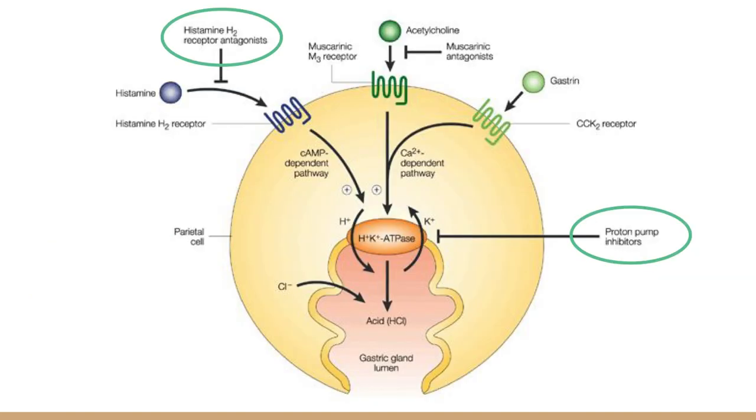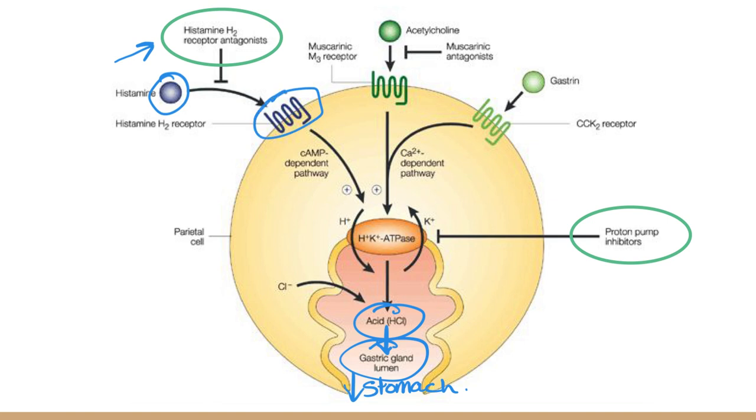This is essentially the diagram of a parietal cell. Keeping in mind, this is the inside of the stomach here, and the gastric gland lumen goes out to the stomach. This is where the acid is coming from and going into the stomach. Now, this is histamine here, and it's going to bind to the histamine H2 receptor.